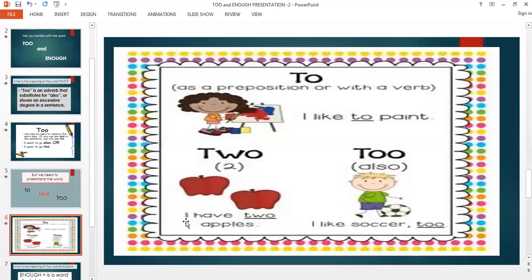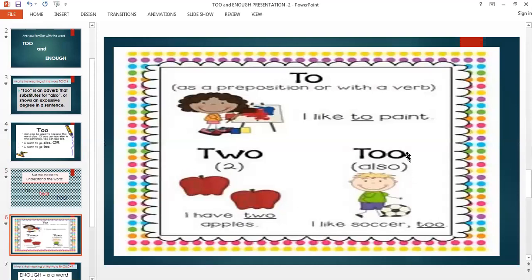"I" here is a subject pronoun. "Have" is a linking verb. It's linked to the determiner "two" and it determines the noun, the apples. Okay? "Two" is a determiner here. You can say 3, 4, or 5. You can use that number as a determiner in the sentence.